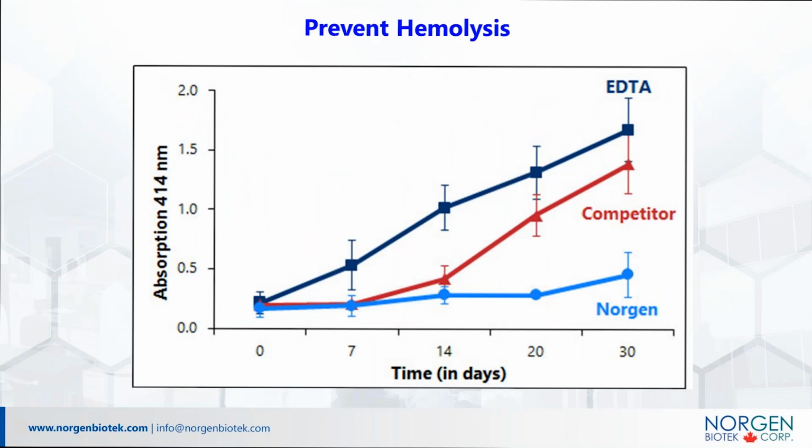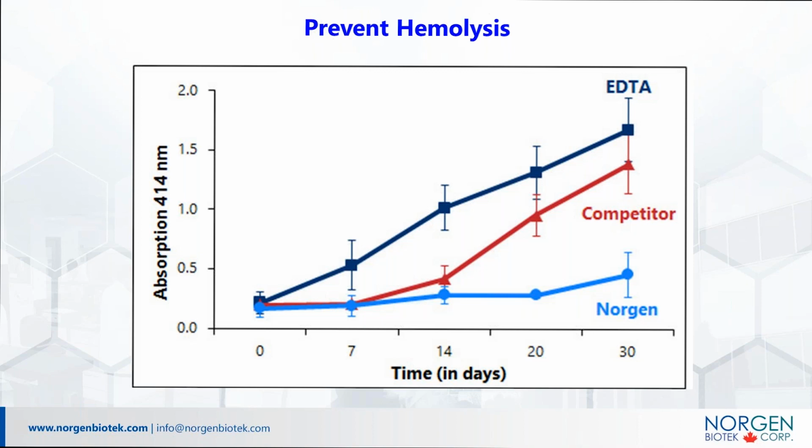So this is a representation for blood samples that have been shipped and came back and stayed for 30 days at room temperature. And we measured the hemolysis levels based on measuring the hemoglobin levels in the plasma at 414 nanometer.